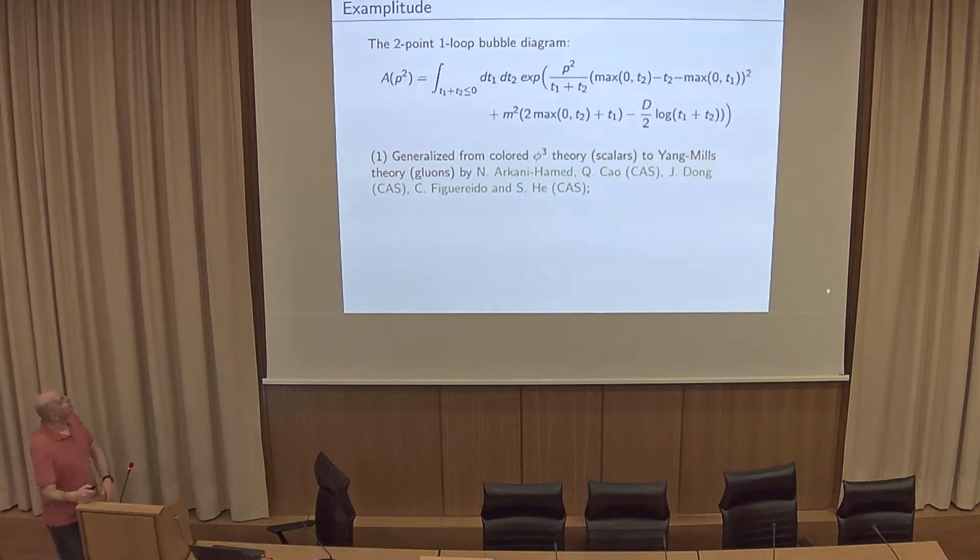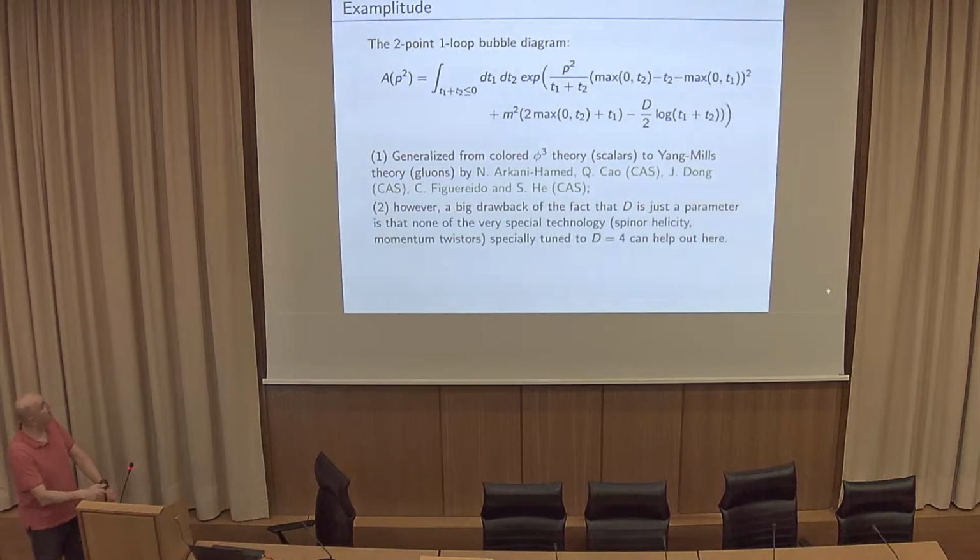Arkani-Hamed and collaborators first wrote this down for the simplest colored phi cube theory, a scalar field theory. They generalized it to non-supersymmetric Yang-Mills theory in another series of papers.